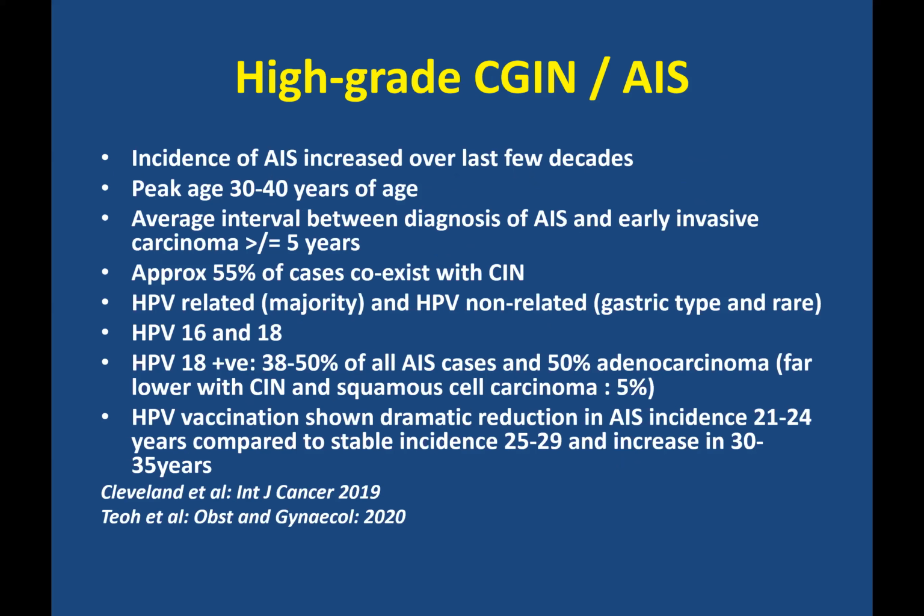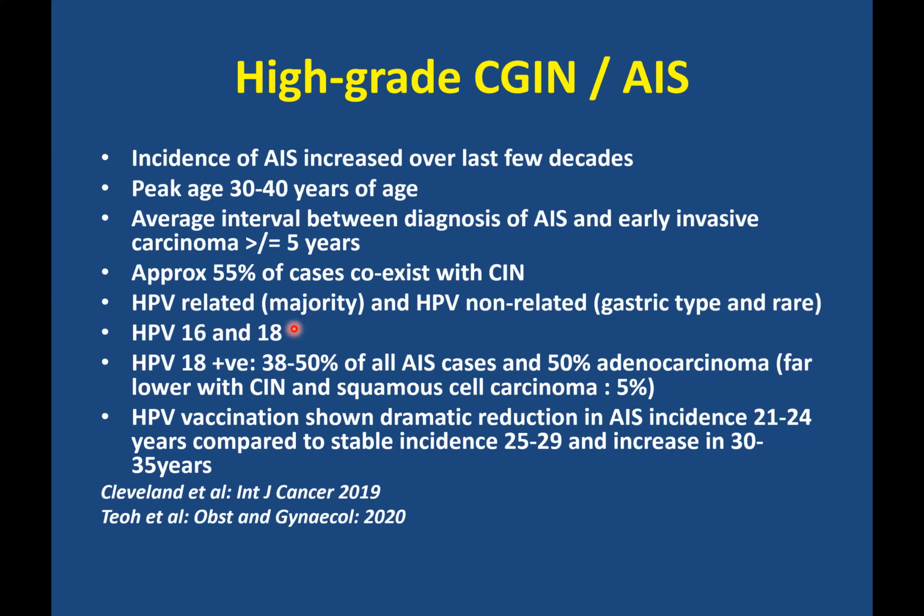So, high-grade CGIN, or adenocarcinoma in situ. The incidence of adenocarcinoma in situ has increased over the last few decades. The peak age is about 30 to 40 years of age, and we know that the average interval between diagnosis of AIS and early invasive adenocarcinoma is in excess of 5 years. Over half of the cases coexist with CIN, and the majority are related to high-risk HPV, in particular HPV 16 and 18.